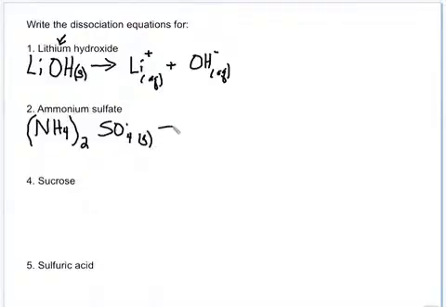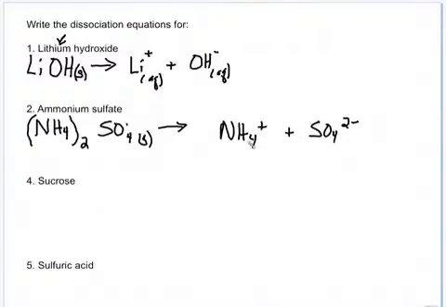If you put that in water, it's going to break into its ions. So it's going to break into ammonium ions, which are +1, plus sulfate ions, which are 2-.